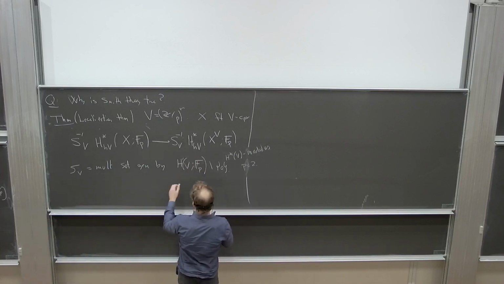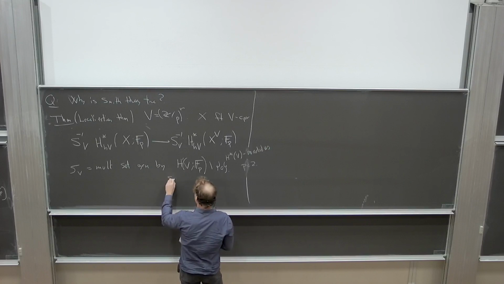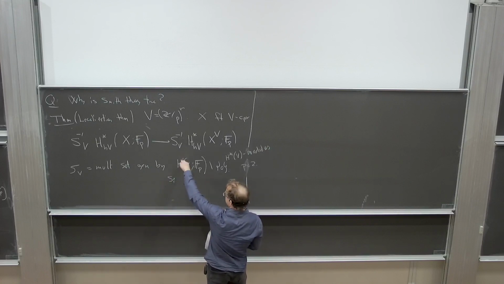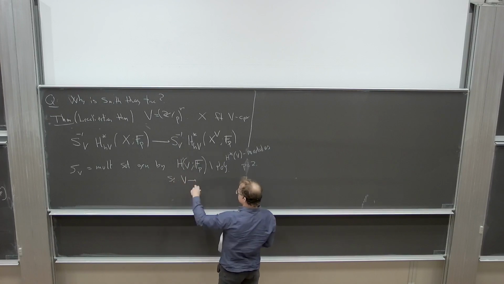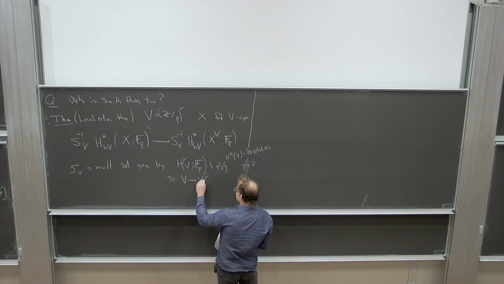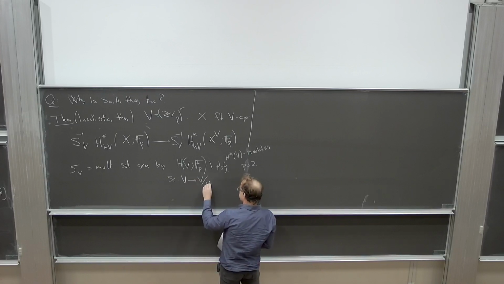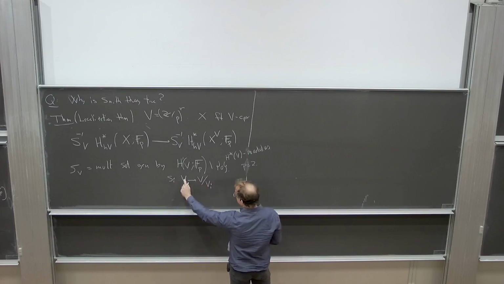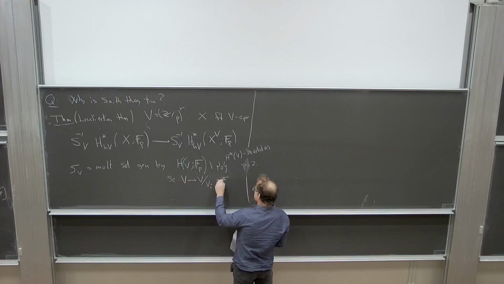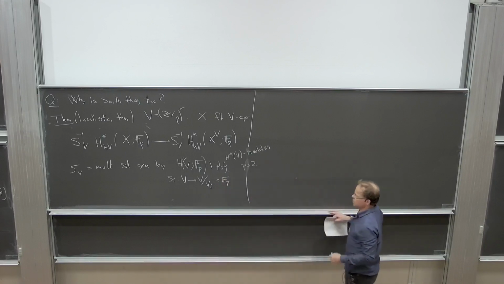So what are all these classes? I can view them as H^1 classes. So they're maps from V to some quotient V modulo V_i, where V_i is an index p subgroup, and the quotient is isomorphic to Z/p.